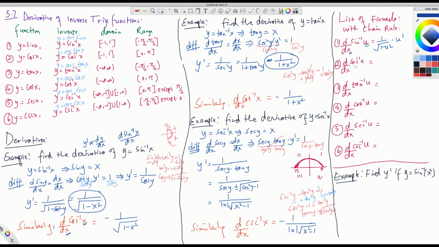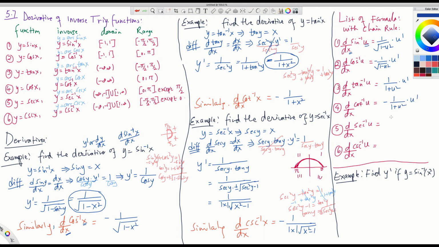Similarly for cosine inverse u, the formula is negative 1 over the square root of 1 minus u squared, and since they don't match, again times u prime. For tangent inverse, 1 over 1 plus u squared times u prime. For cotangent inverse, negative 1 over 1 plus u squared times u prime.